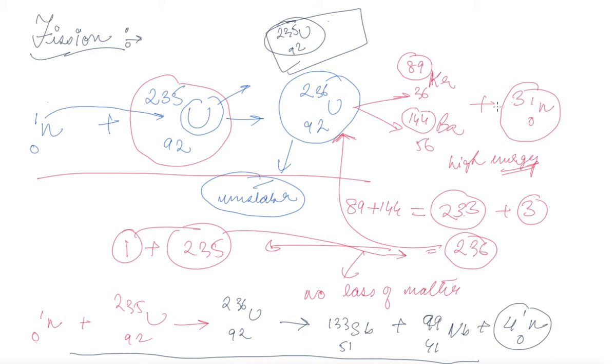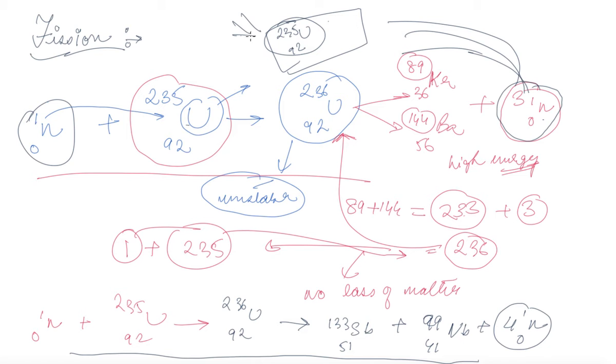If you strike one uranium with this neutron, there's a release of energy with 3 extra neutrons. These 3 extra neutrons will in turn strike 3 other uranium, and these 3 individual uranium will give 3 neutrons of their own.